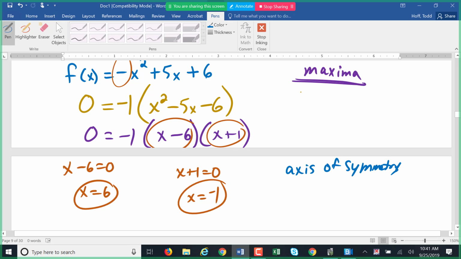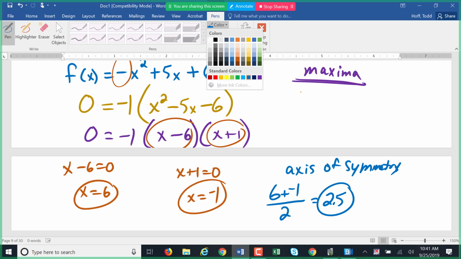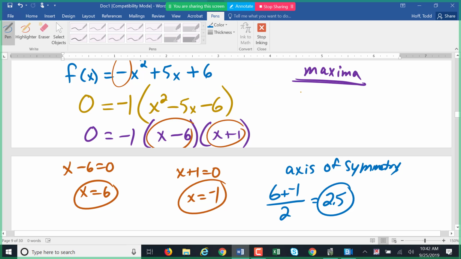The axis of symmetry we find by averaging the roots. 6 plus negative 1 over 2. That's going to be at 2.5. X is 2.5. So now we put 2.5 back into the function for x to find the y value of our vertex.